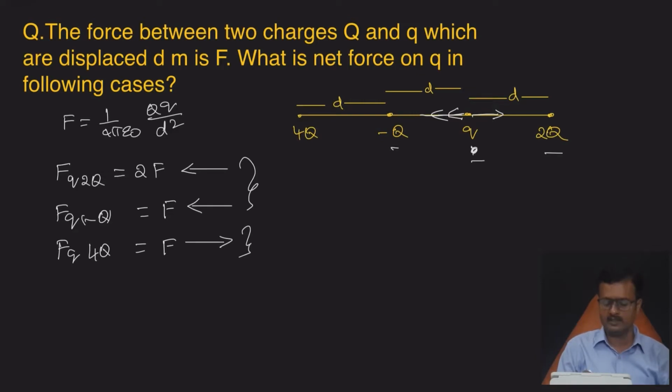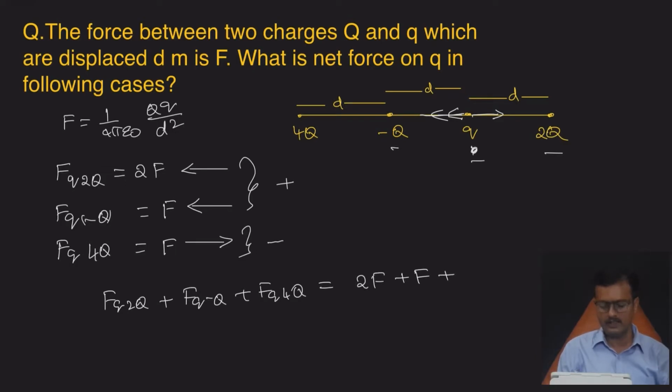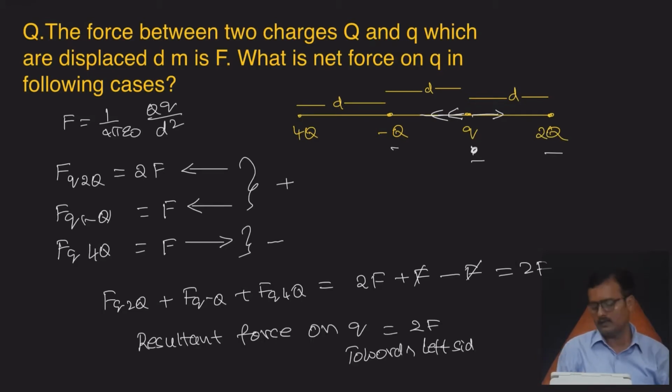I take this direction as positive and the other direction as negative. So the total force is 2F to the left side and F also to the left side, but F is in the right direction, so that is minus F. So the total answer is 2F, plus, that means toward the left side.